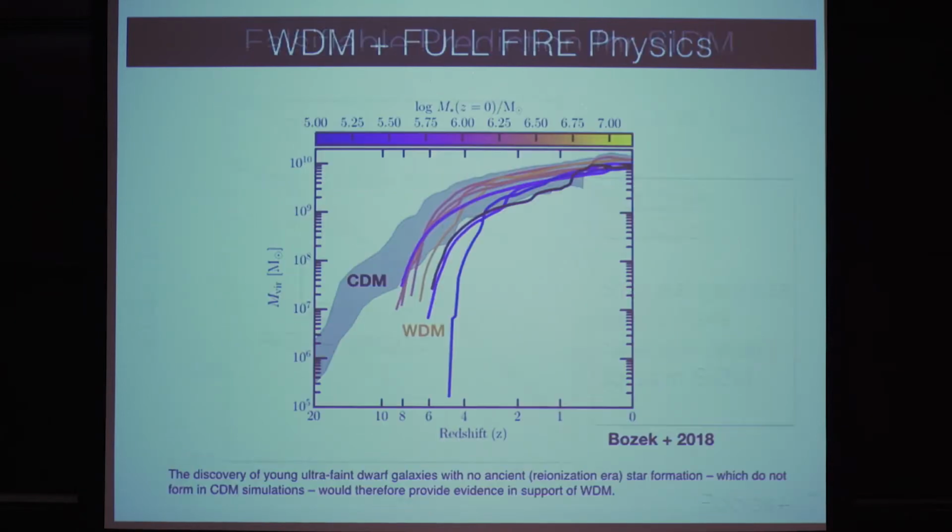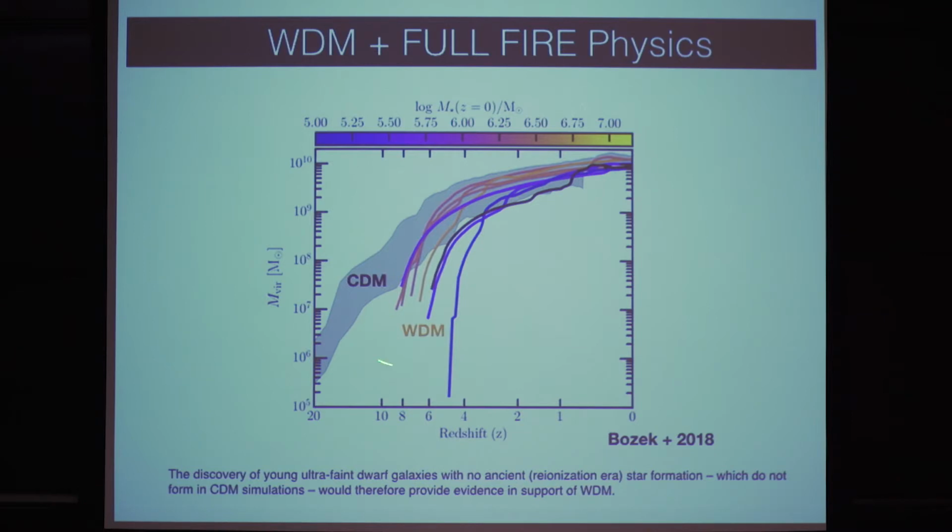Warm dark matter, it's actually kind of the reverse. The density profile structure is actually not that much different with full hydrodynamics in warm dark matter and cold dark matter. But what is different is the star formation histories.